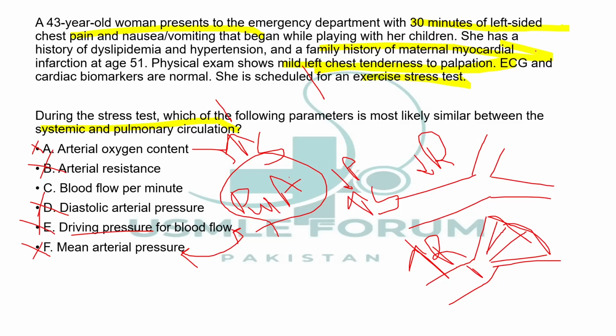You have to keep this circuit in mind: the right ventricle, then this is going to the lungs, and then this is going to the left ventricle, then to the body, and then to the right ventricle. So the pulmonary artery is here. How can oxygen content be the same in both of them? They cannot, right? So this is the wrong answer.